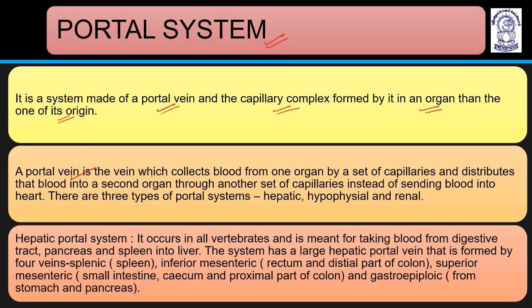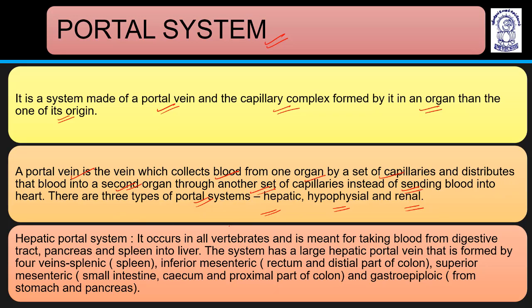A portal vein is a vein which collects blood from one organ by a set of capillaries and distributes the blood into a second organ through another set of capillaries instead of sending blood to the heart. There are three types of portal systems: hepatic, hypophyseal, and renal.